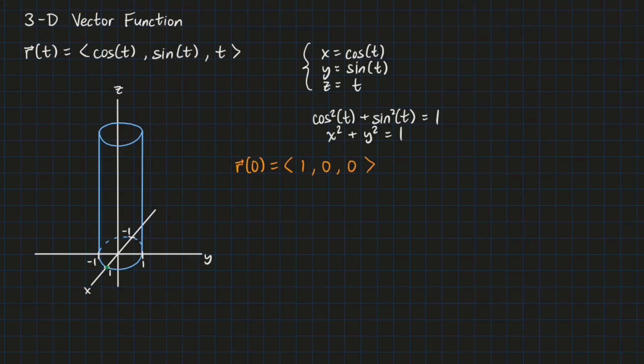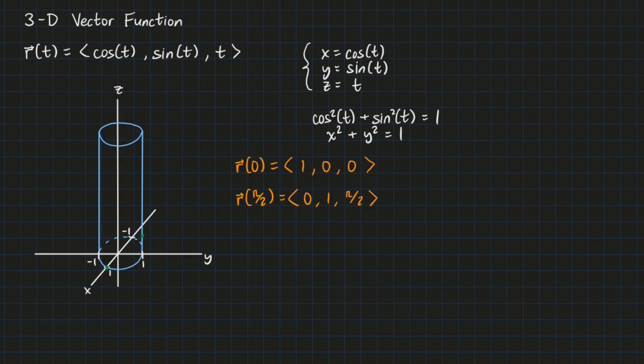Next, let's plug in pi over 2 for t. We'll get 0, 1, pi over 2. We'll have a point at 0, 1, pi over 2. So when x is 0 and y is 1, we're here, but we're going up pi over 2 in the z. And then we can have a point up here.